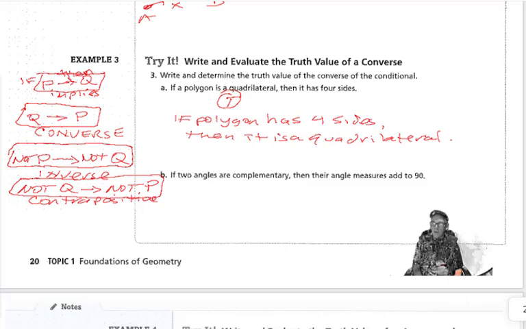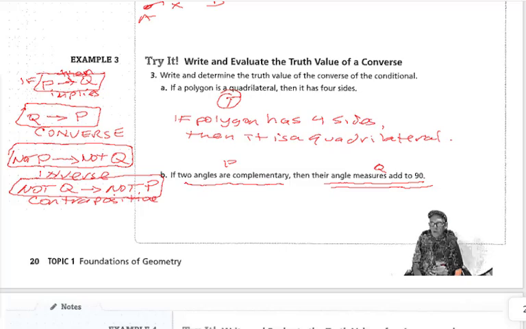If two angles are complementary, then their measures add to 90 degrees. We want to write the converse of that. So again, we're going to swap the Q and the P part. Sometimes one thing to do is you underline the if part with a single line, underline the Q part with a double line. Sometimes I'll put a Q with the Q part and a P with the P part. Now for the converse, we're going to take this, put it after the if, and take this and put it after the then.